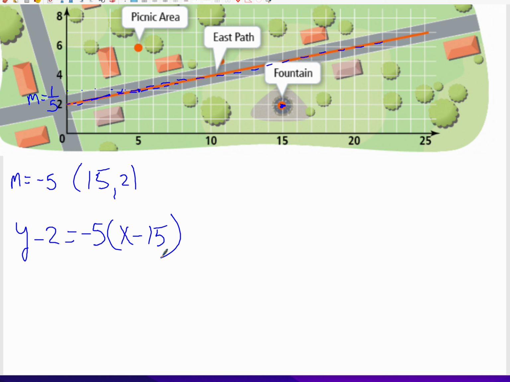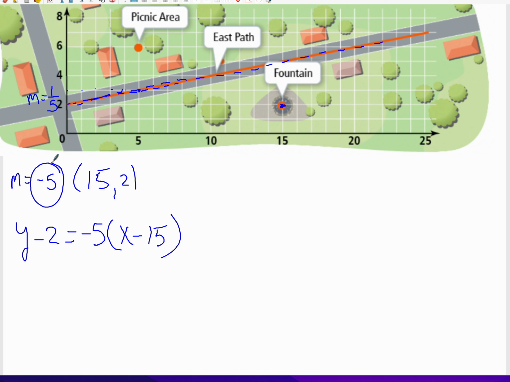And the second one, what's the picnic area one? That's parallel to the fountain path and passes through the picnic area. So we want the same slope as this, since it's parallel to the fountain path, and it passes through this point.